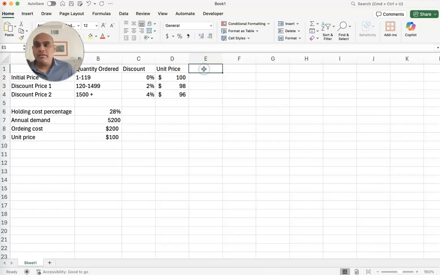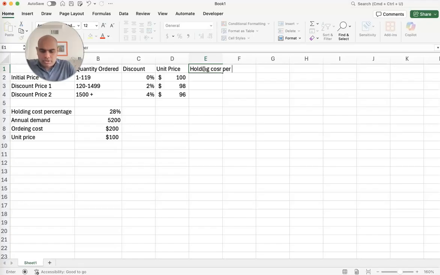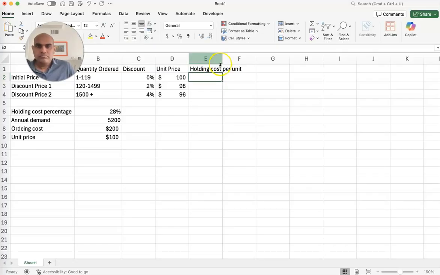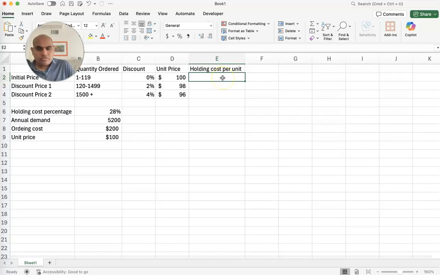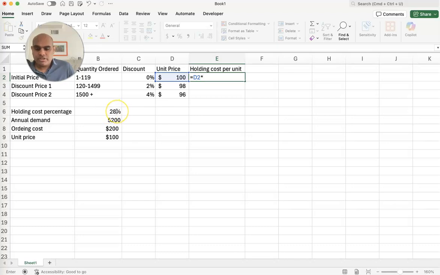Now, with my unit price, I can calculate my holding cost. So this is the holding cost per unit, right? The holding cost per unit will be the unit price times the percentage that you had. So it's 28%, right? 28% of $100.